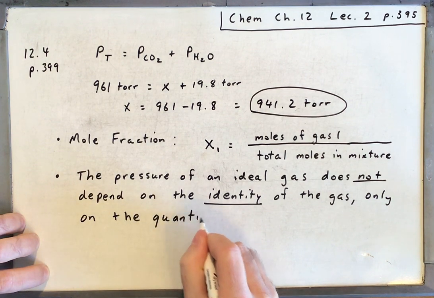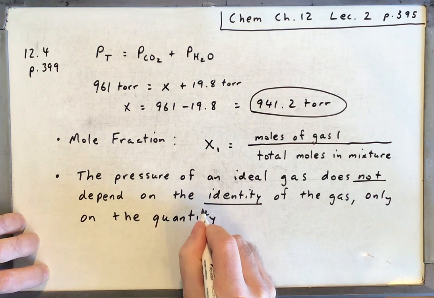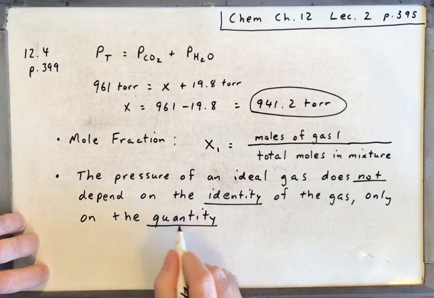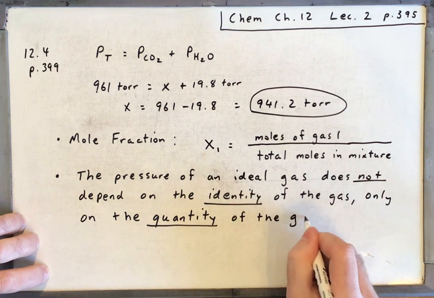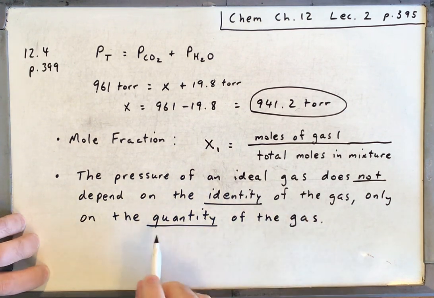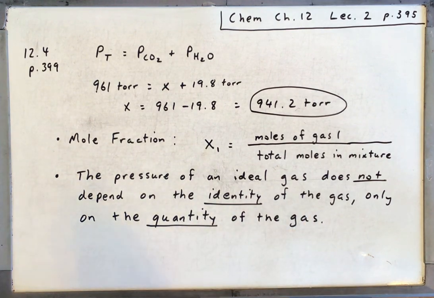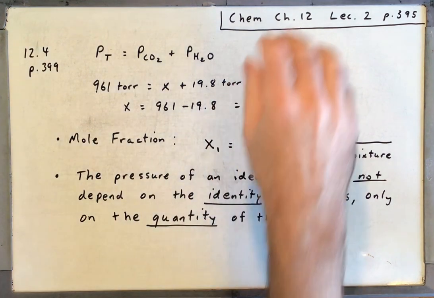So I don't care if it's CO2, if it's oxygen, if it's nitrogen. It's only about how many moles you have. The number of moles determines pressure, not the identity of the gas.